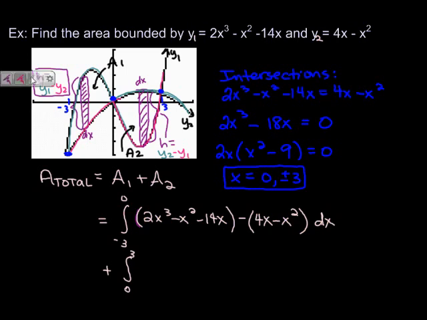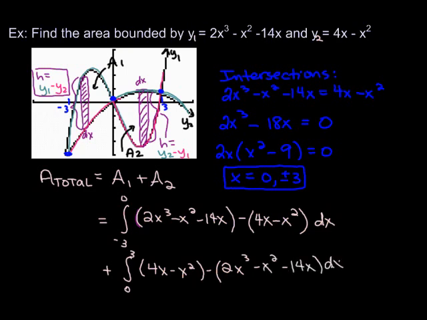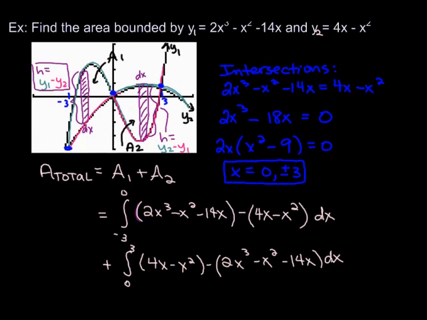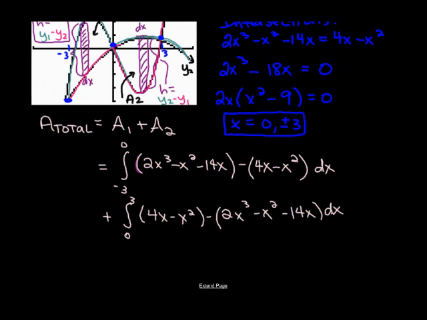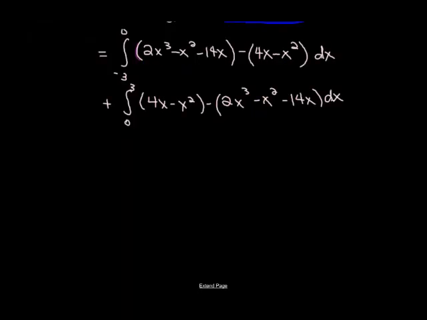So that was 4x minus x squared, minus y bottom, the pink, which came from y1, that was 2x cubed minus x squared minus 14x. Okay, the hard part's done. We've got the setup done. Now we just need to do some simplifying and integrating.